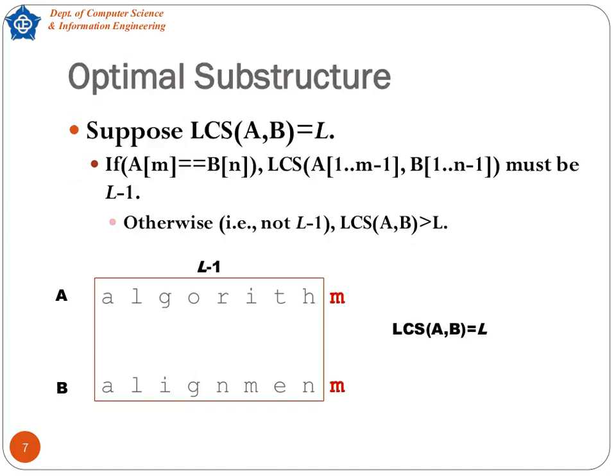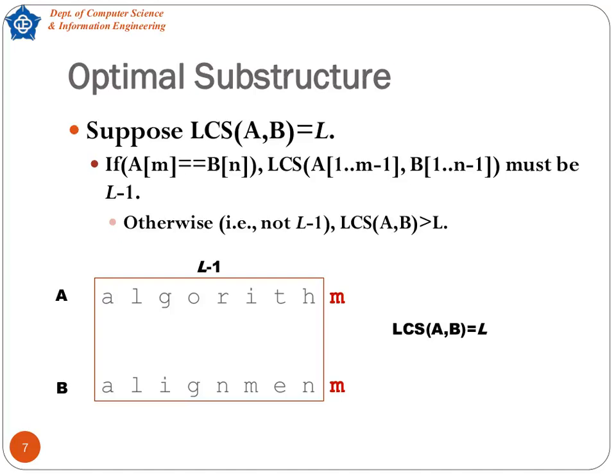Building on that idea, let's look at what happens when the last characters of A and B match. If two strings share an LCS of length L and A[m] equals B[n], that matching character must sit at the very end of the subsequence. In other words, LCS(A,B) equals L implies the LCS of A[1..m-1] and B[1..n-1] has length exactly L-1.